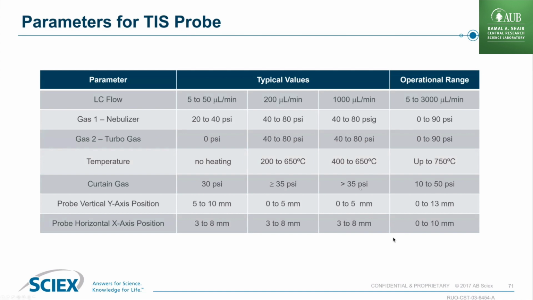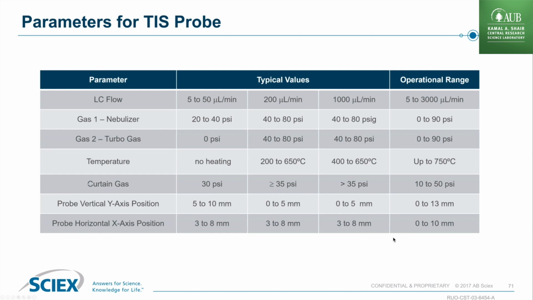So here, the way to read this chart is to talk about the LC flow first, so to choose which LC flow you're working with, and that depends primarily, I guess, on your column and also a little bit on your experiment, but primarily on your column. And then these are the settings that are the best for the gas 1 and gas 2 and temperature and so on. We didn't talk about curtain gas yet.